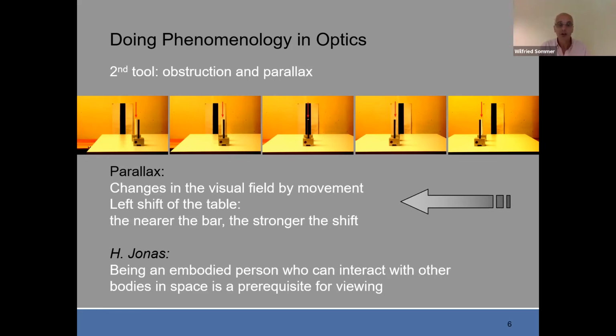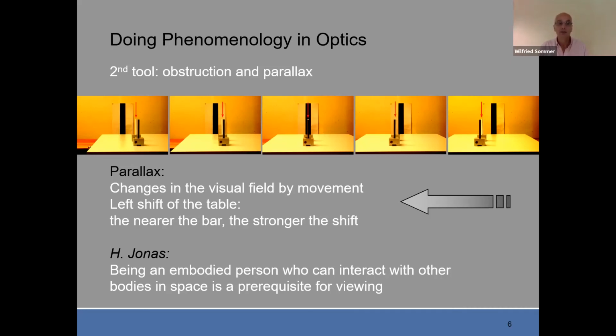And that is not only valid for the person that is hiding himself or herself, that is also valid for the person that is looking for the person hiding. And so the shifting of objects is not only valid for myself, it is also valid for others.